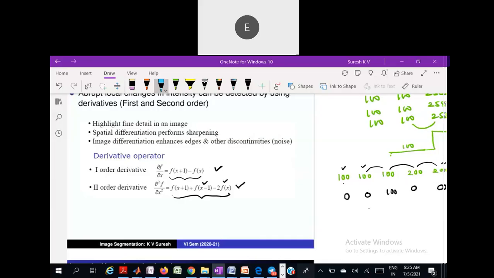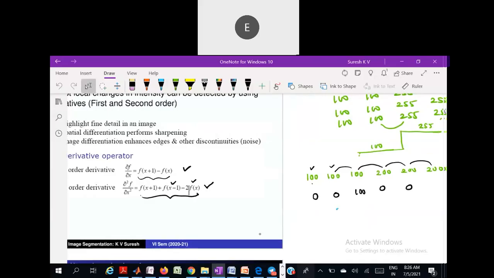Let us neglect the border. So what could be the value? Can anybody say what the value is here? Please calculate and tell me. I am doing the second order derivative at this value.